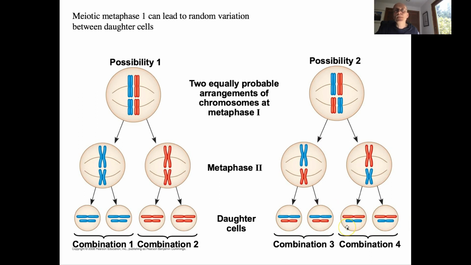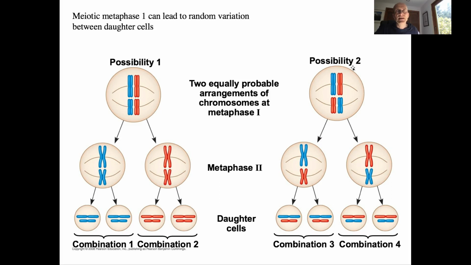So there are 4 different combinations that can occur, but only one at a time, right? So this is what happens to this cell. Nothing else can happen to the cell after it has started to divide. I'm not saying that this and that can happen to the same cell. I'm just saying that this cell has a 50-50 chance whether it's going into possibility 1 or into possibility 2.